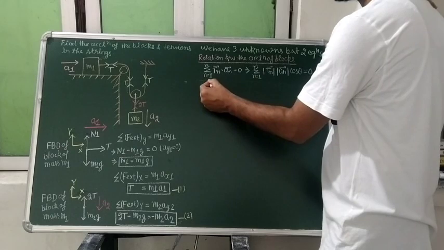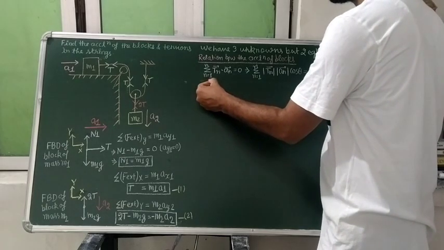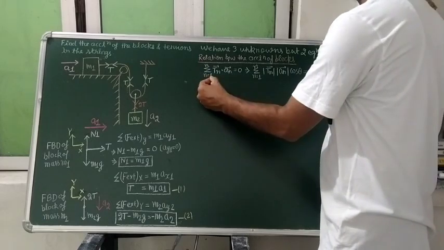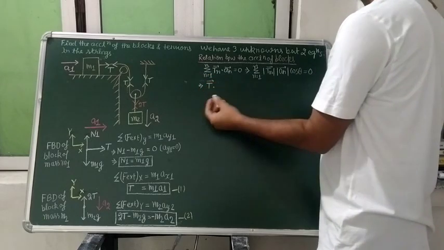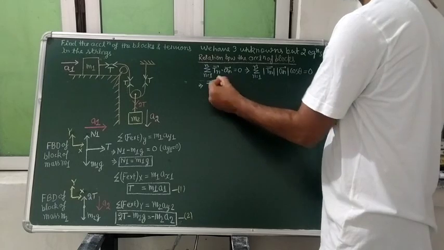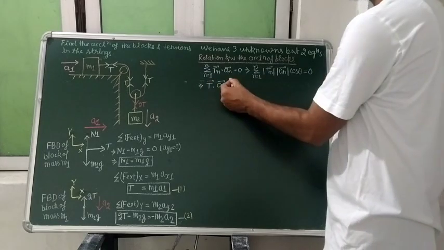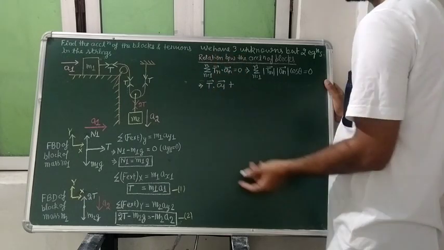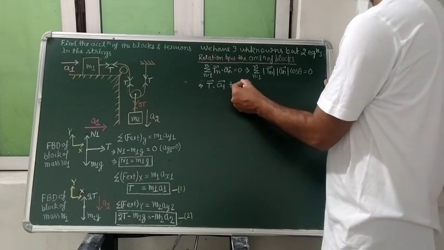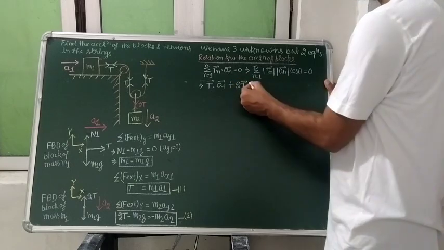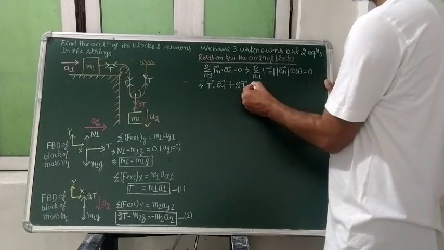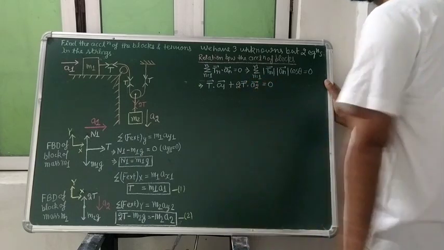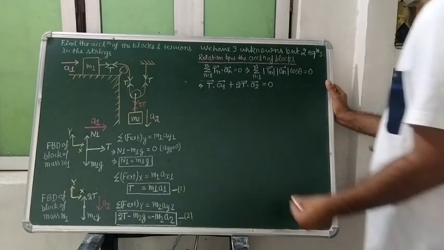So for block 1, the tension is T, so vector T dot acceleration is A1. For block 2, the tension is twice T, so it is 2T vector multiplied by the A2 vector. That should be equal to 0.